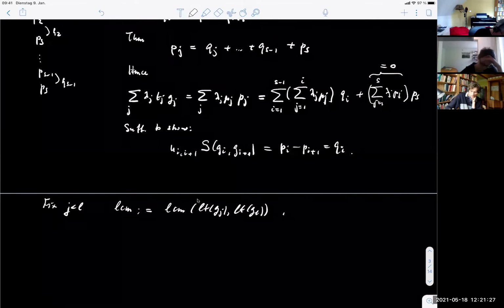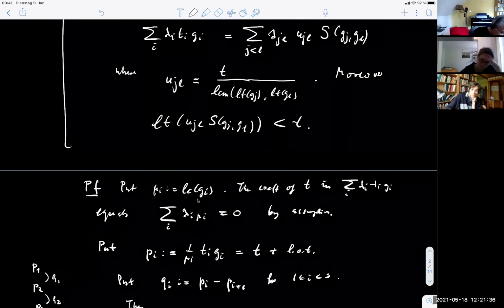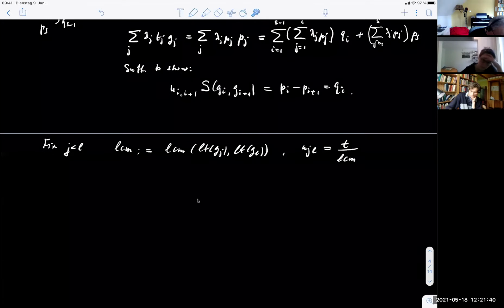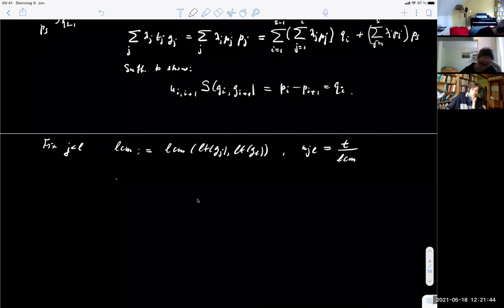Okay, and then I write down what was the UJL. It is T divided by the LCM. So if you remember, this is the definition of UJL. Now I can write down, I know it's a little bit technical, I'm sorry for that with all the indices.